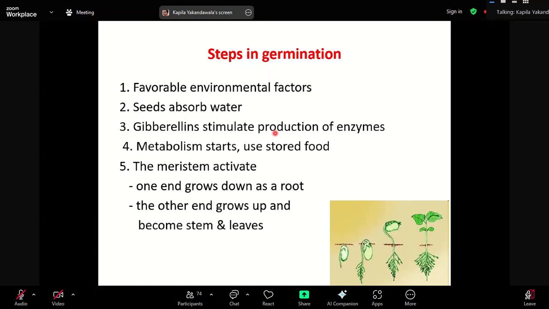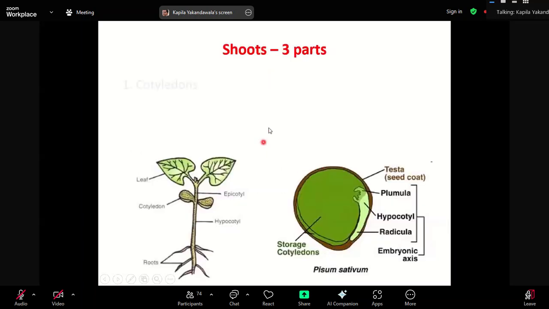This activates formation of gibberellins. Then gibberellin will produce enzymes so that stored food will break down into simple compounds. So the radicle will develop downward, the plumule will develop upward and produce the root and shoot system. So it's a simple process.